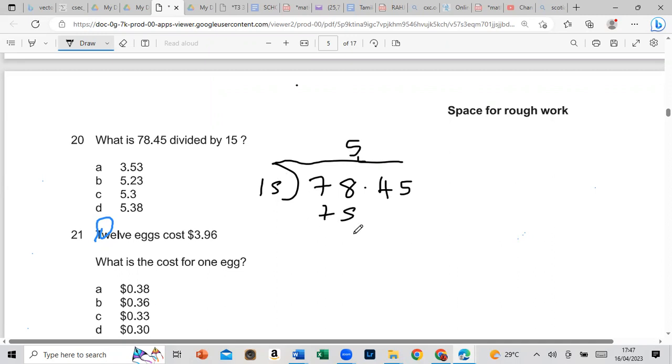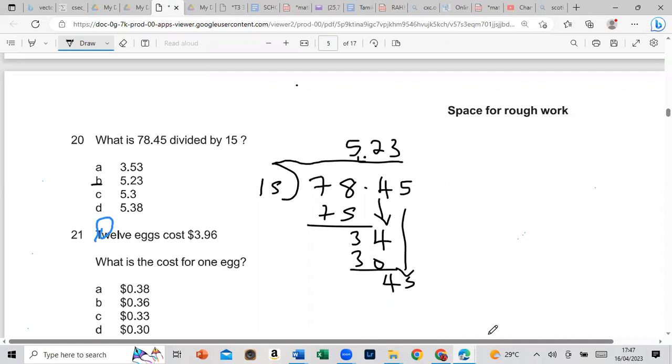We subtract, we get 3. Put the decimal point, and carry down the 4. Then we say 15 into 34, that goes 2 times. 2 times 15 is 30. Subtract, we get 4. Carry down the 5. Sir, I get B. Yeah, it's correct. Well done.